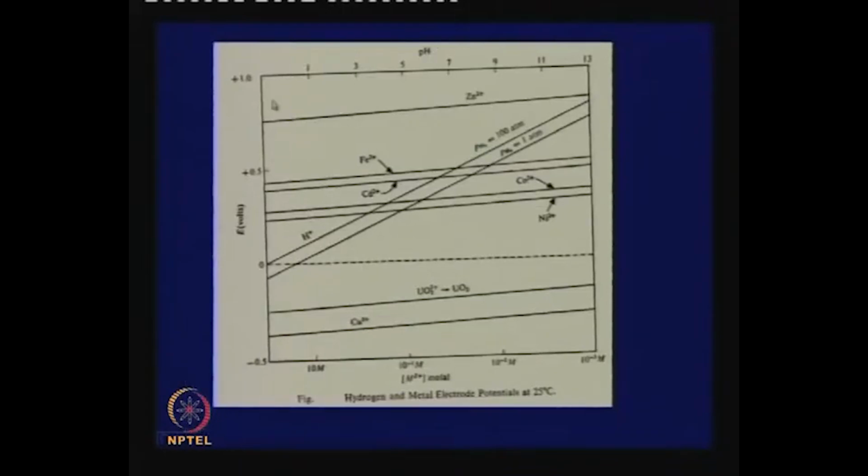And then finally, we have a plot which shows the variation of potential with metal ion concentration for various values of pH2 and various values of pH.